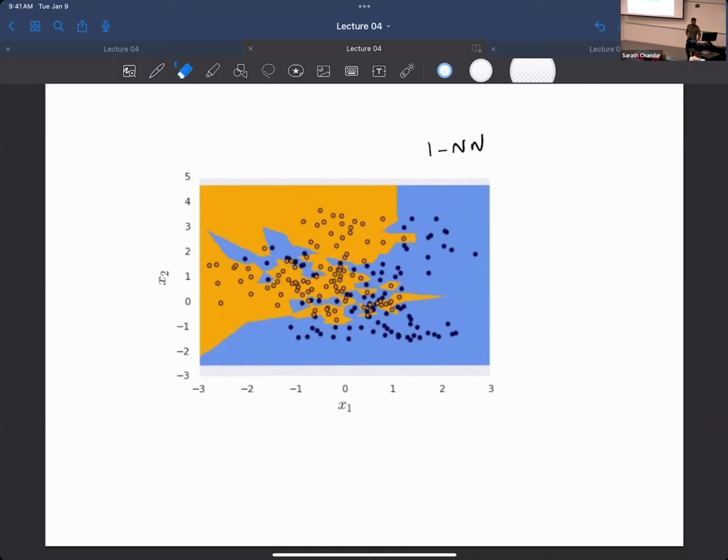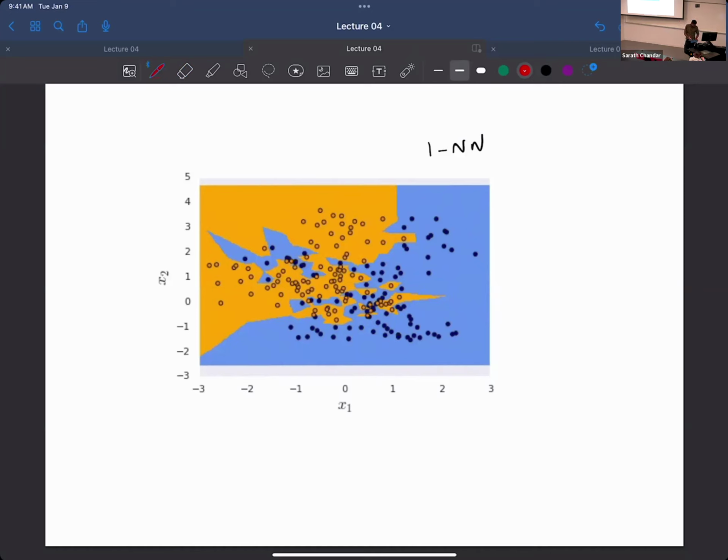Is that clear? Any question? Yes, it will. So the moment you plot the colors, it's very easy to use this algorithm.